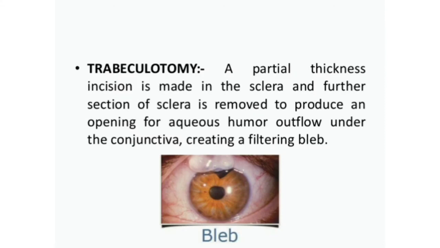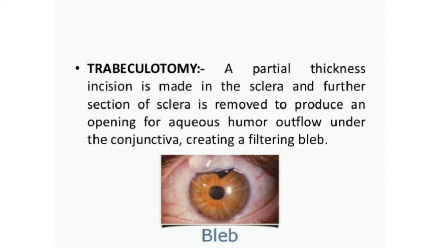Trabeculotomy. This is another procedure. In this procedure of trabeculotomy, first a partial thickness incision is made in the sclera, the white part of the eye, and then some section of sclera is taken out to produce an opening for the aqueous humor outflow under the conjunctiva.